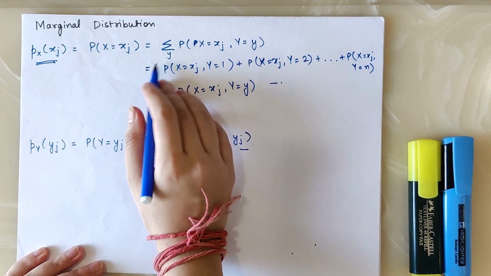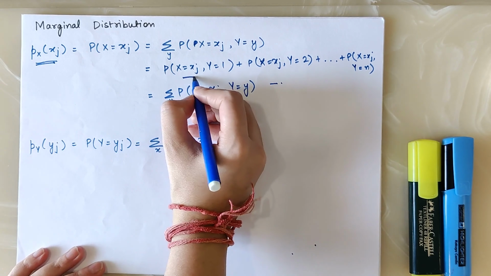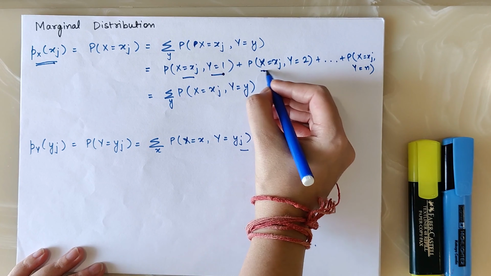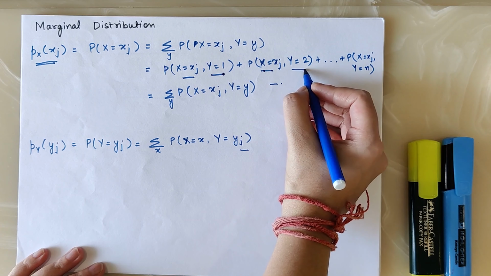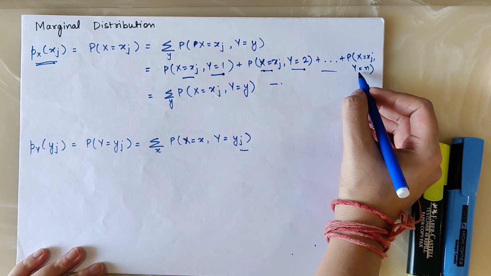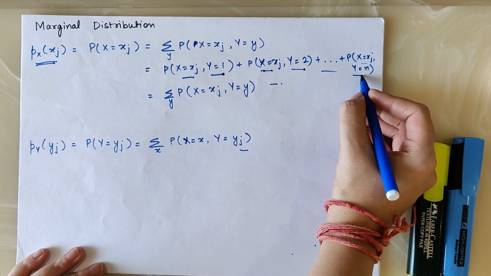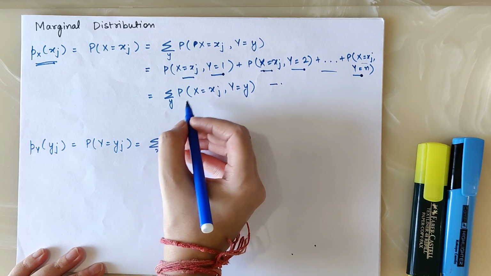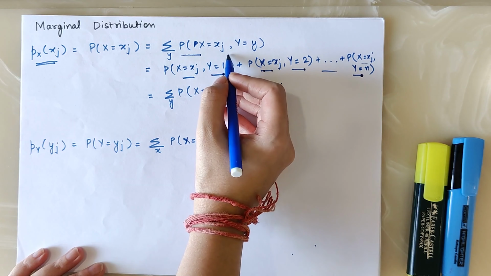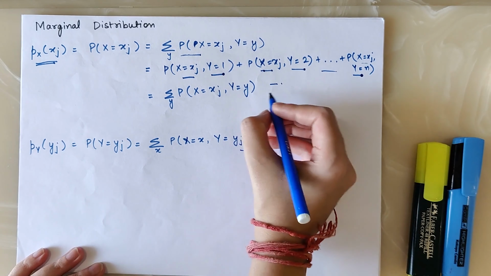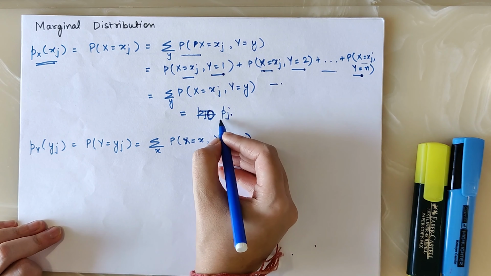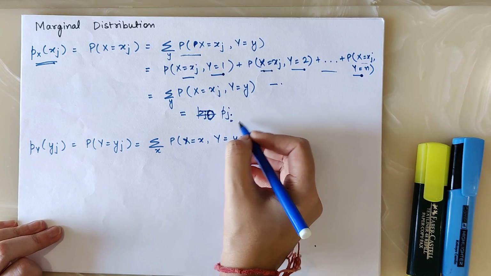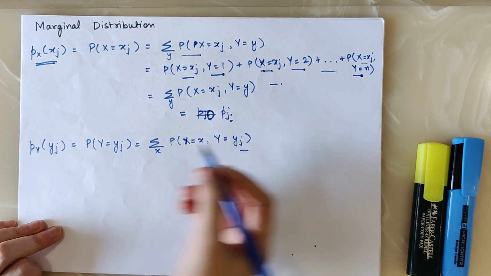We can say that this is equal to probability x is equal to xj, y is equal to 1, plus probability x is equal to xj, y is equal to 2, till probability x is equal to xj and y is equal to, let's say, n. So this is equal to the summation over y of probability x is equal to xj, y is equal to y. This can also be denoted by pj dot. This dot means that we are summing over y, our second variable basically.